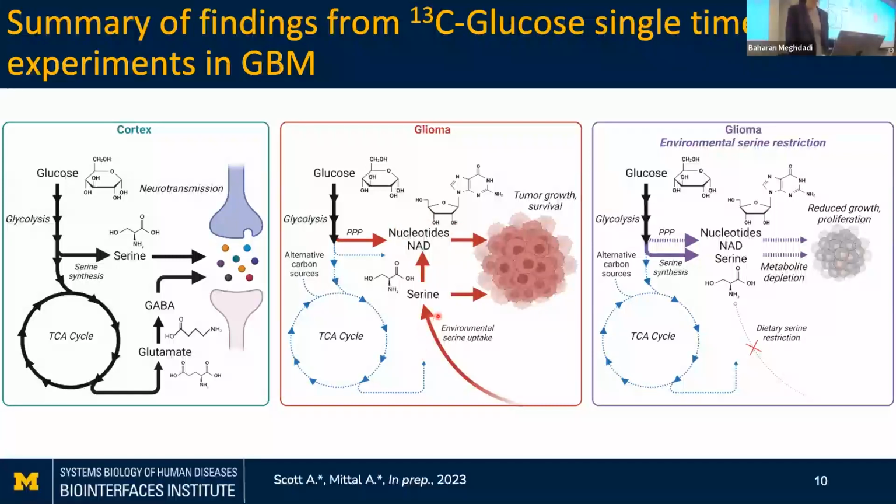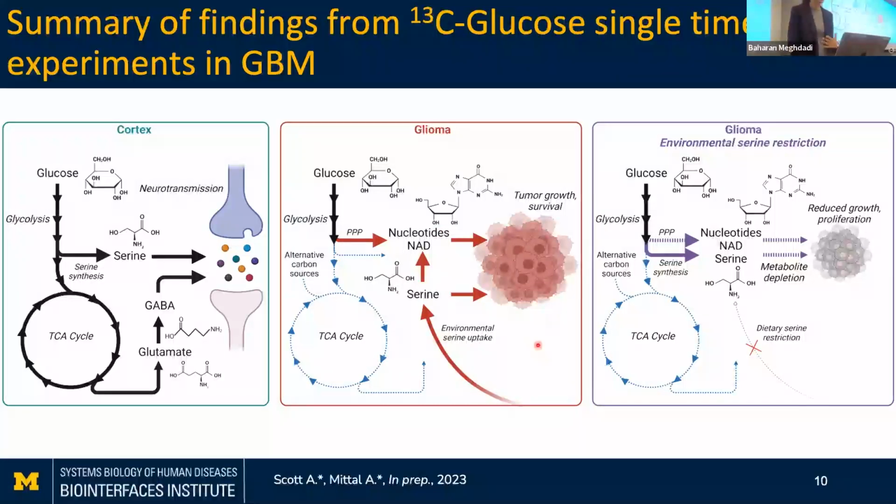One of these sources to synthesize nucleotides de novo is serine. And by looking at the enrichment patterns in plasma, we could see that glioma cells can take up serine from the plasma and use it toward synthesis of nucleotides.